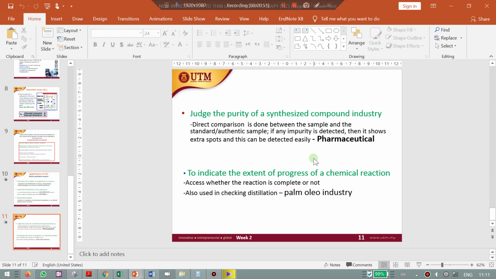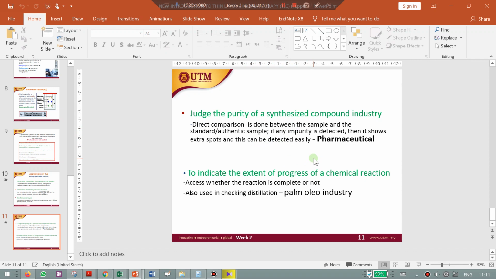So they compare directly with the industry's paracetamol and the paracetamol obtained from the store. They compare the spot test, and if they observe a difference, it means mungkin ada company lain yang gunakan produk palsu untuk produce that paracetamol. Itu contohnya lah.